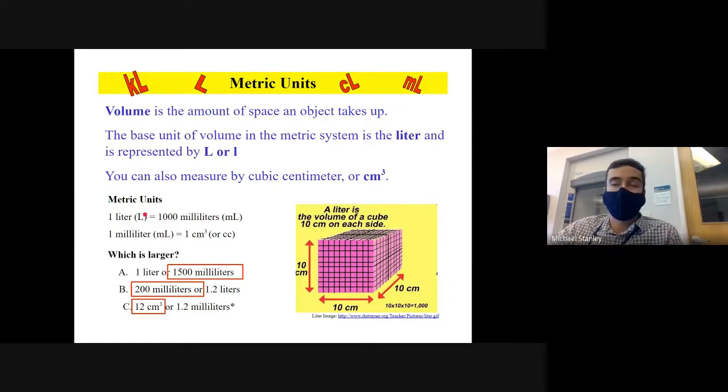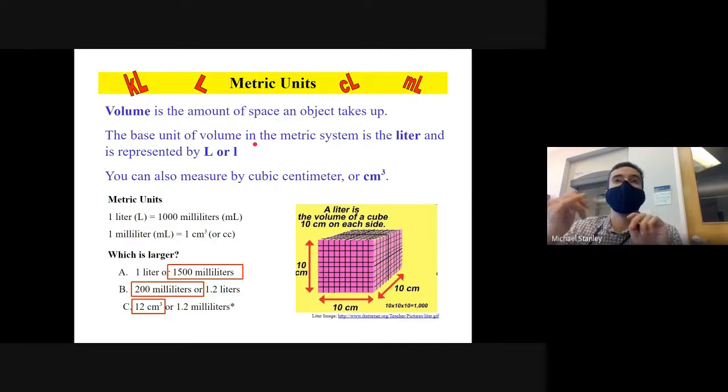And especially when we're talking about solid things, we can also use these cubic centimeters, these cm3s. It means essentially the same thing. And 1 cubic centimeter is equal to 1 milliliter in terms of their actual space. So there's a handy conversion right there.